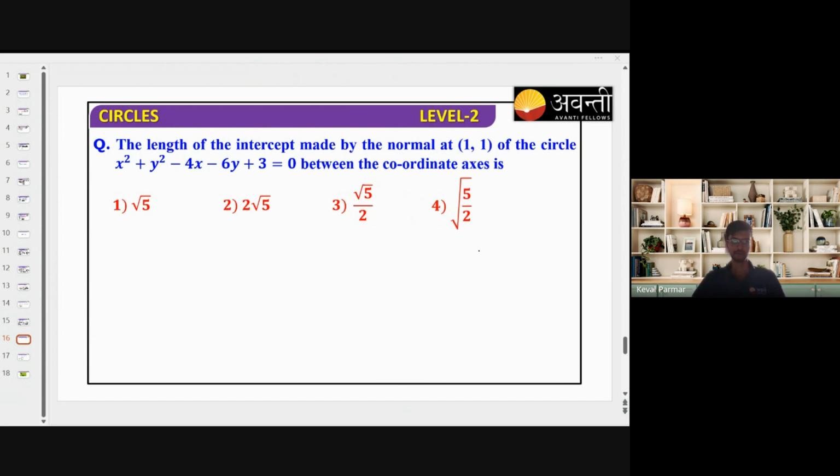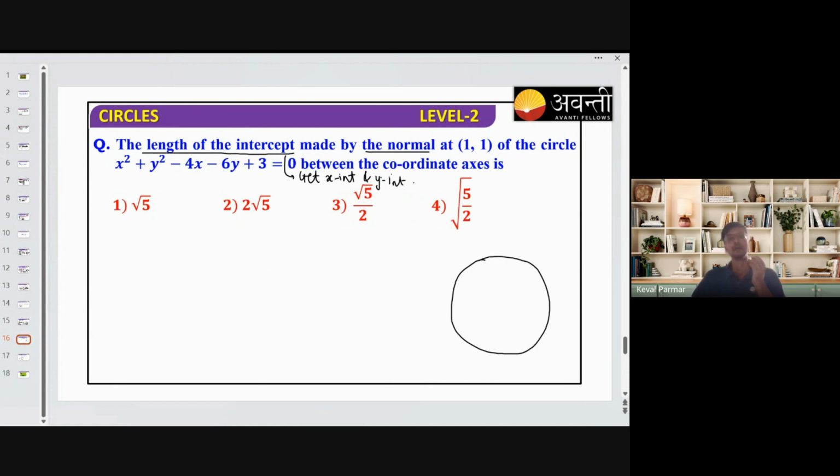So, we have to find length of intercept by normal. What does this mean? This means get the x-intercept and y-intercept. This clearly means get x-intercept and y-intercept of the normal.